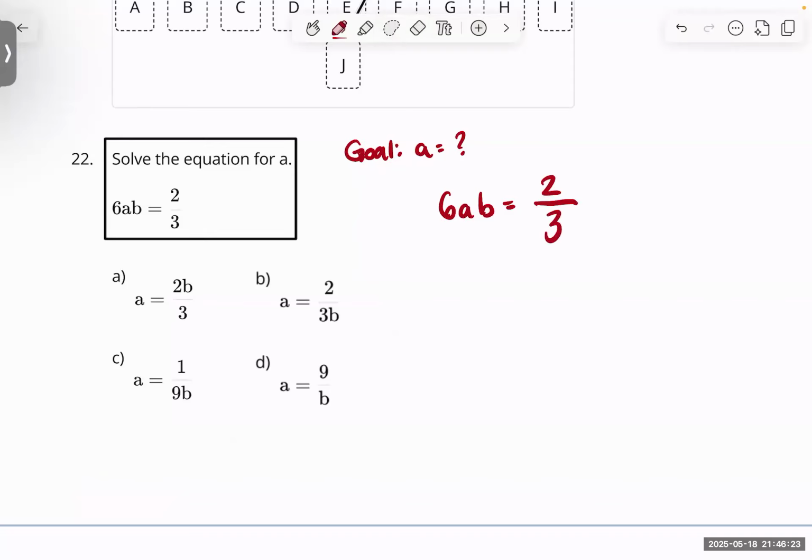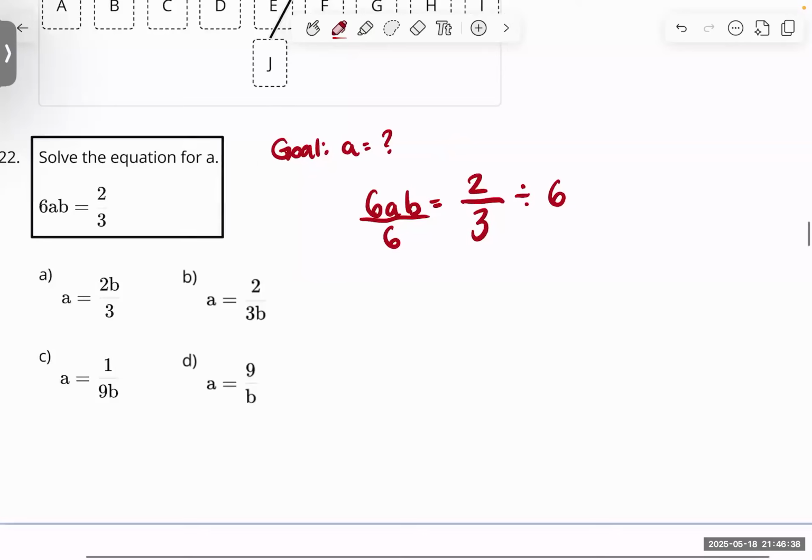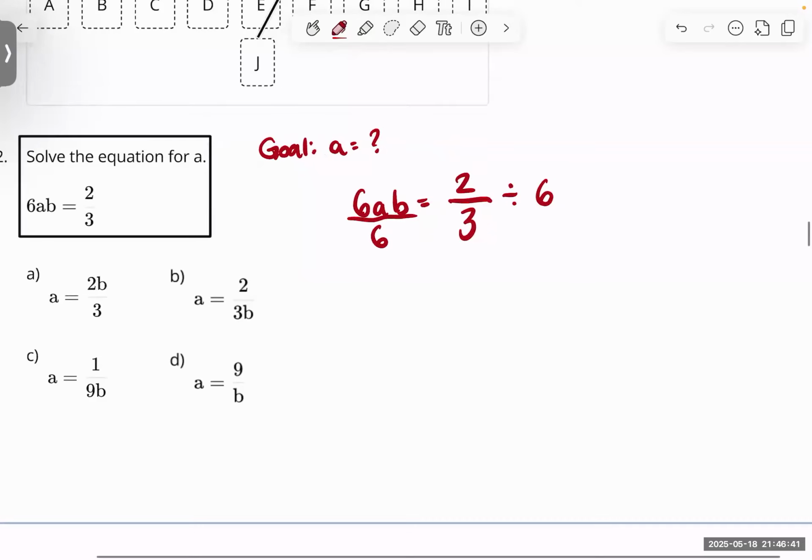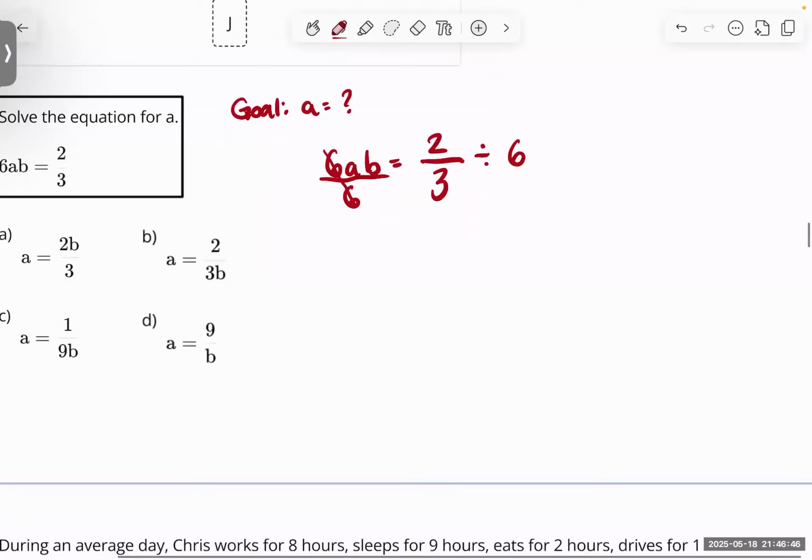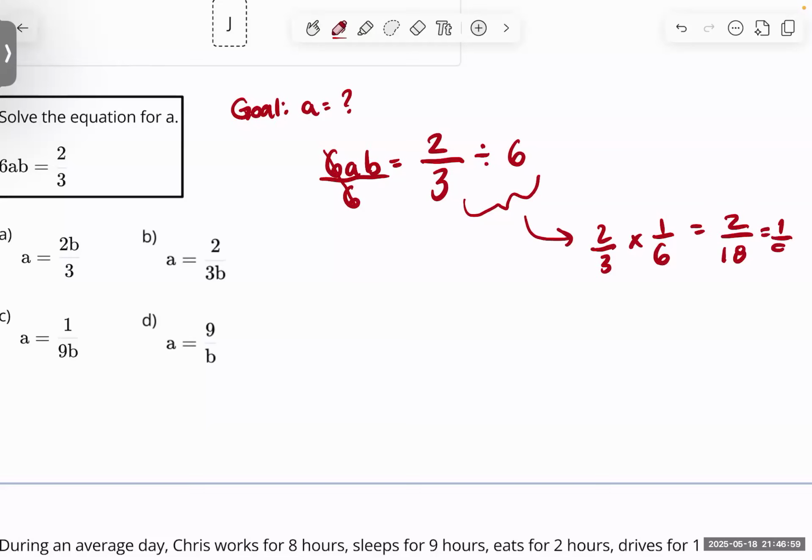So from here, I need to get rid of 6 and B because I just want A. So divide both sides by 6. Because 2/3 divided by 6 is 2/3 times 1/6, which is 2/18, which is a 9th.